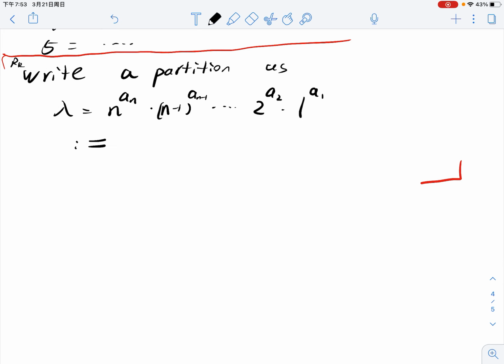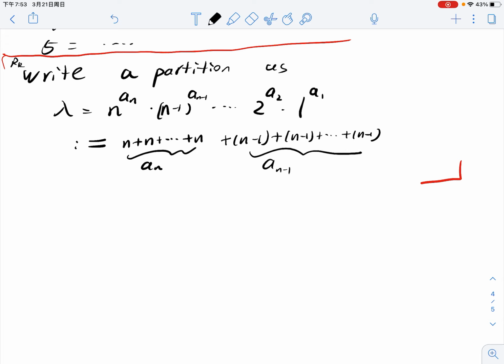More explicitly, it should be n plus all the way to n, a_n pieces, and n minus 1 plus all the way to n minus 1, a_(n minus 1) pieces, plus 2 plus all the way to 2, a_2 pieces, plus 1 plus all the way to 1, a_1 pieces.